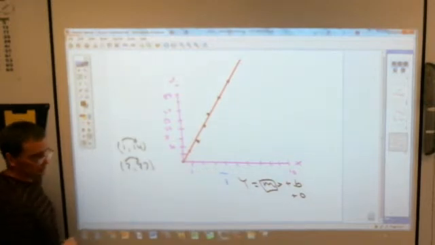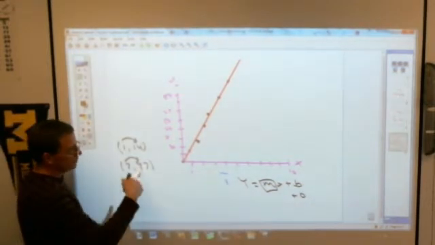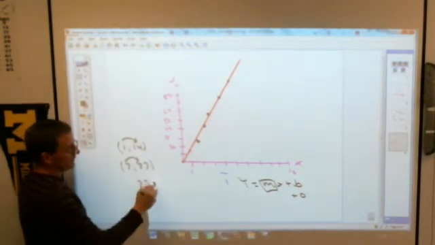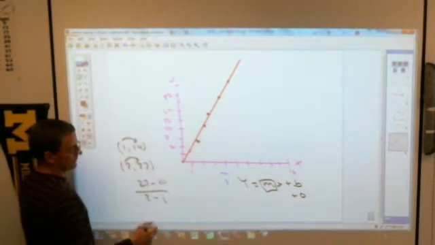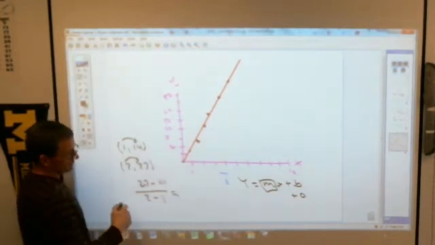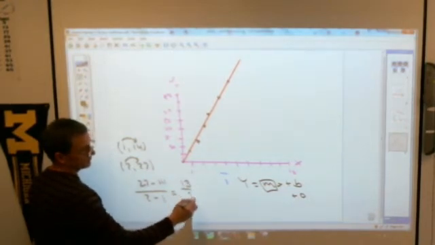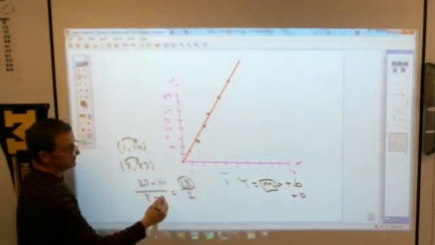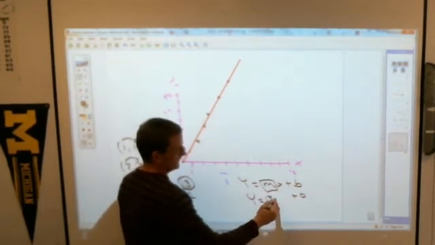Or you could do the slope formula, y2 minus y1 over x2 minus x1, which gives 27 minus 14 is 13 over 1. So there's your slope. Y is going to equal 13x.